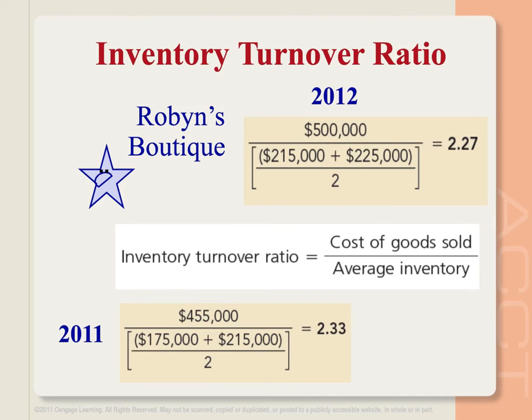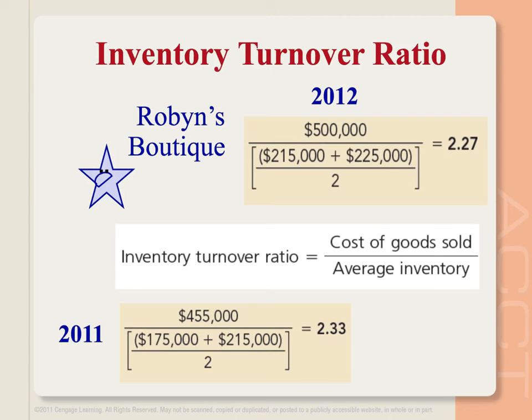Look at another one that should start to be familiar to you, and that is the inventory turnover ratio. This ratio tells us that on average, Robin's Boutique bought inventory and then subsequently sold it 2 times in the prior year and 2.27 times in the current year.